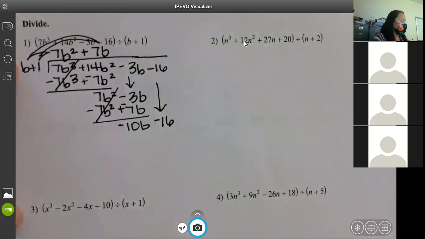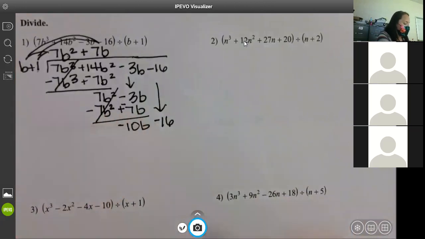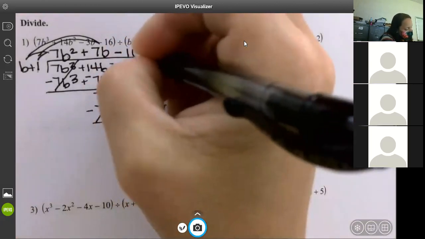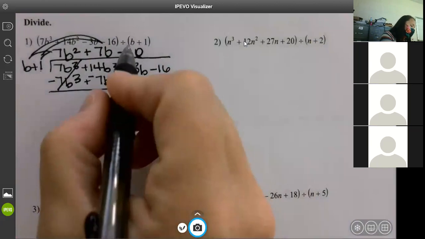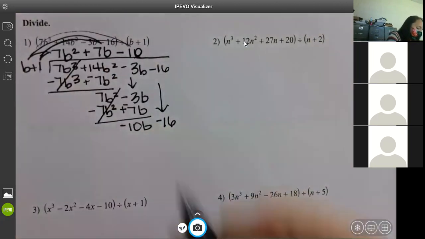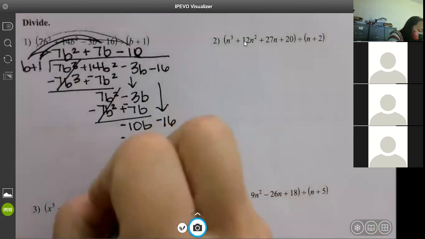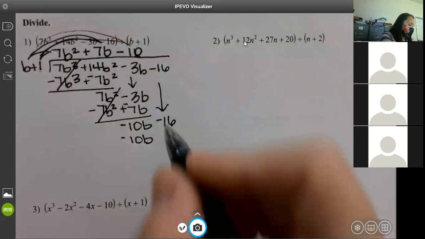How many times can I, or what can I multiply by b to get negative 10b? Negative 10, so we're going to put a minus 10 up here. We're going to distribute. Negative 10 times b. They match, so we know we're doing it right. Negative 10 times 1.